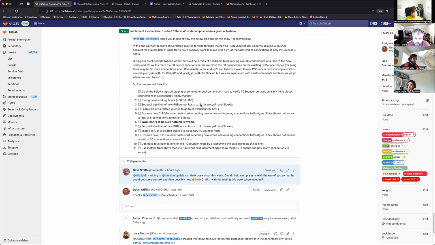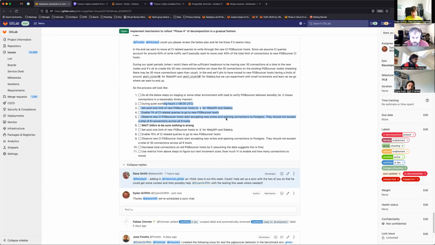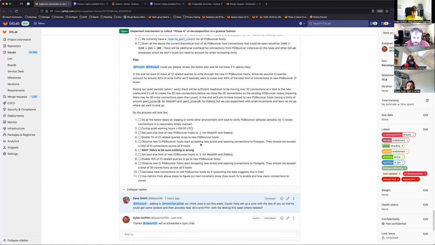Across 6 nodes, that will be 6 primary connections to Postgres. We will only increase the number of connections to the primary by 6, and therefore we don't need to decrease anything from the existing pool in order to do step number 1.